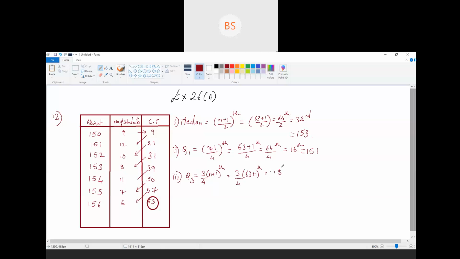So 48th term is 154. Yes. So upper quartile will be 154. And the last one they have asked is interquartile. So interquartile is Q3 minus Q1. That will be 154 minus 151. Yes, it will be 3. So interquartile is 3.